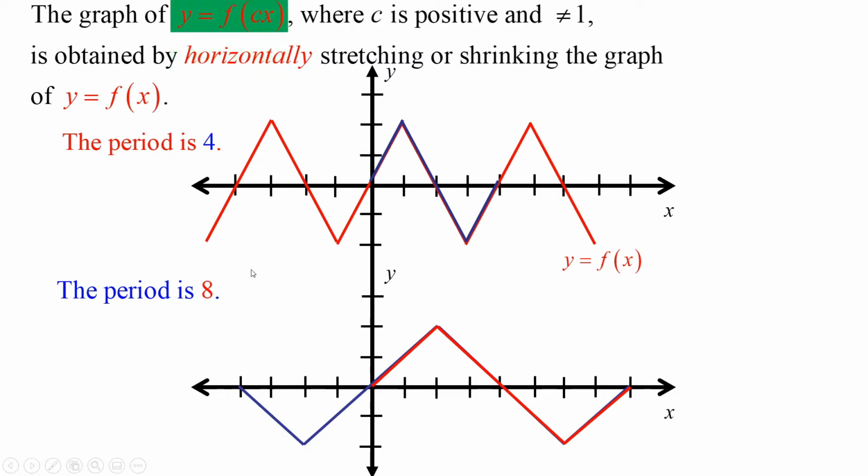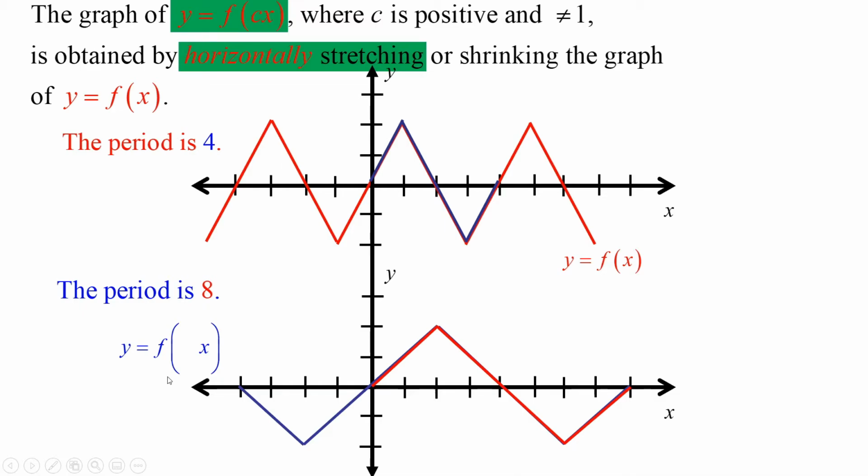Now remember, this number c is going to divide the period. So what number would I divide 4 by to get 8? And wouldn't that be 4 divided by 1/2 would give me 8, because 1/2 goes into 4 8 times. So that's a 1/2 right there. And that's all there is to that.